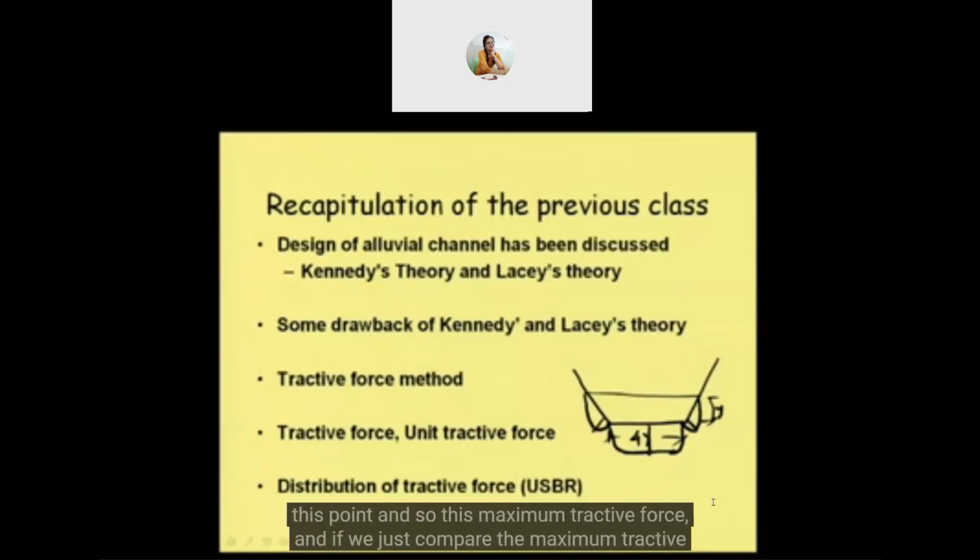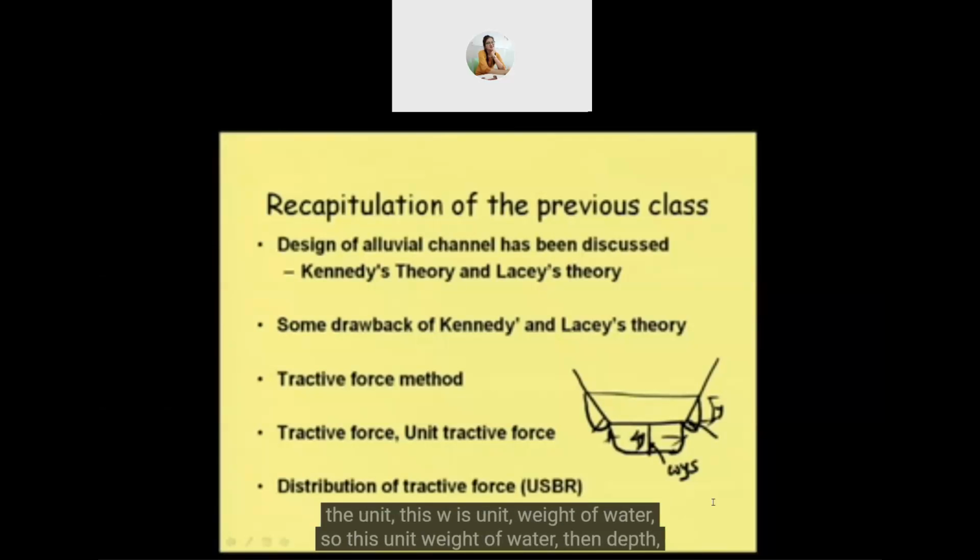If we compare the maximum tractive force at the bed and at the side, we can see that at the bed it is more, and this can be expressed in terms of w, y and S, where w is the unit weight of water, y the depth, and S the bed slope.